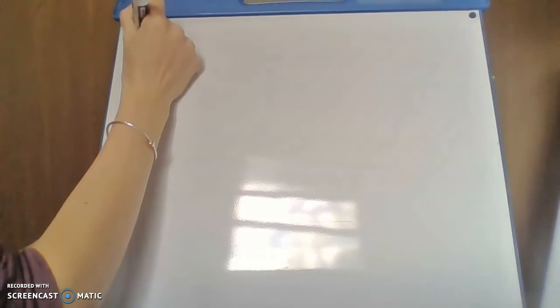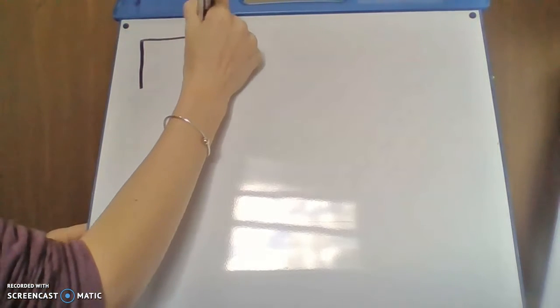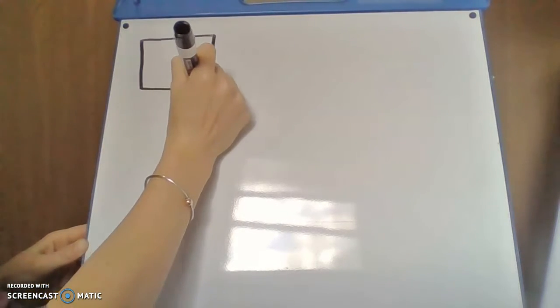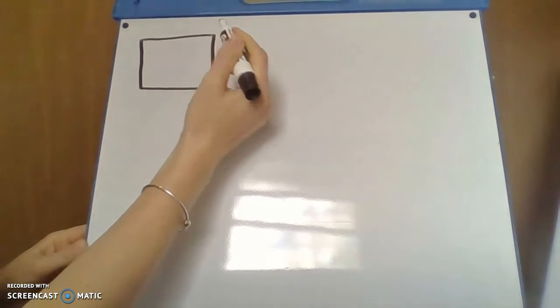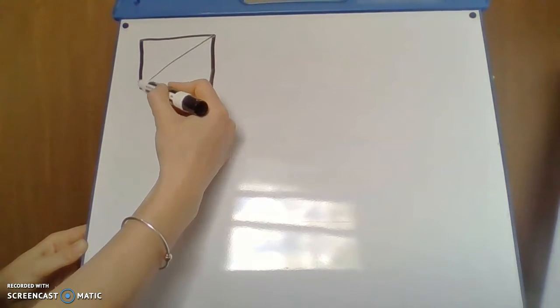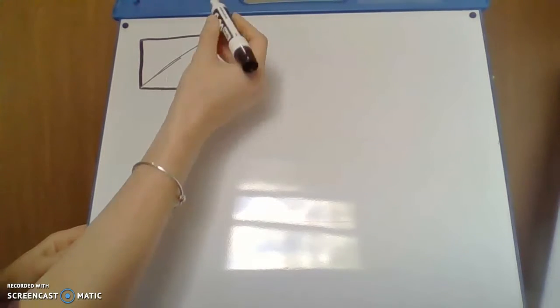Okay? So I'm just going to draw that out for you really quick and we can do it together. So I started off with a square. I'm just drawing your best. And then I cut it right here. Oops.